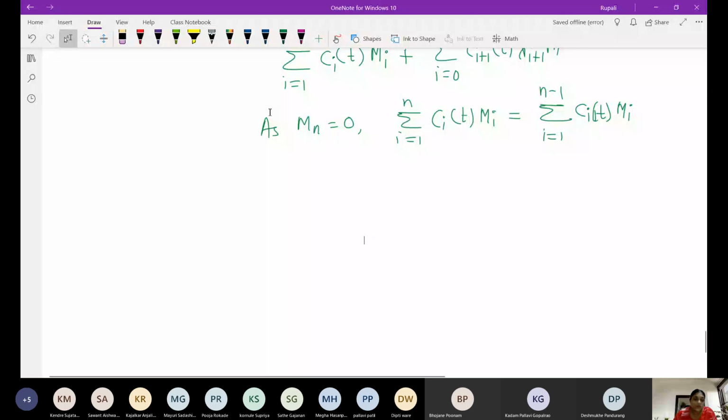Just only 2 lines are remaining. Can you see this equation 3? No ma'am.